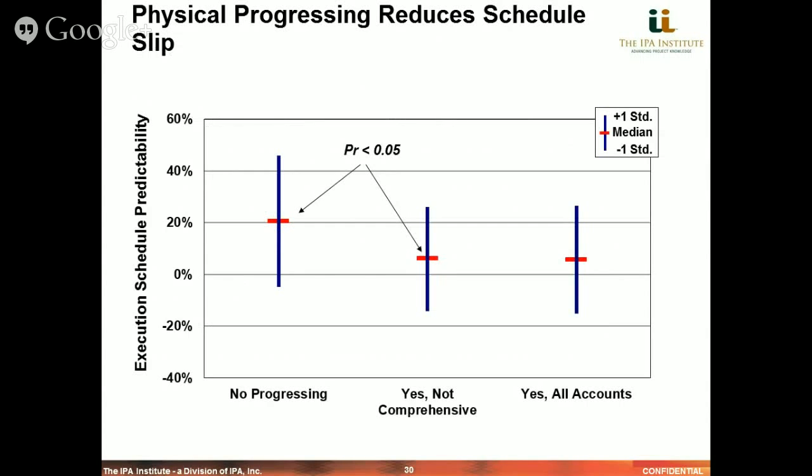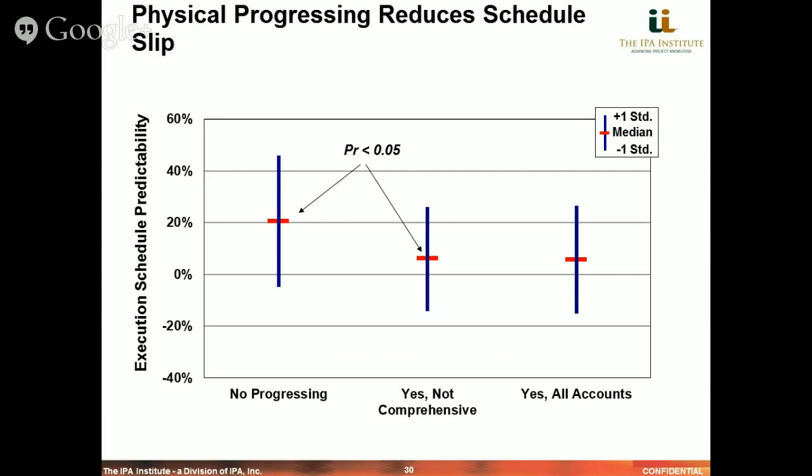And it's important when we simply gauge the level of physical progressing on a project at authorization, or the planned physical progressing, in one of 2 or 3 categories: no physical progressing, some physical progressing but not comprehensive, and then finally, yes, very strong physical progressing.